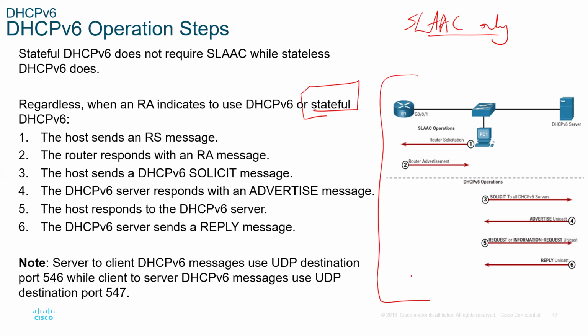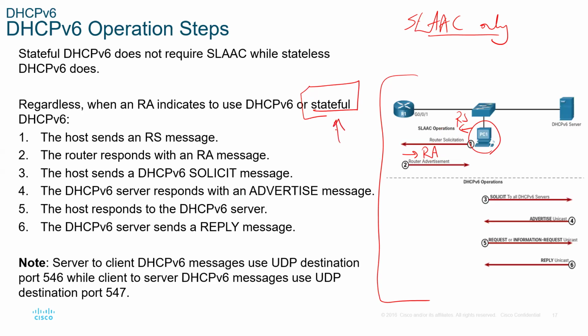So if we are using DHCP version 6 stateful, this is our client. It sends an RS message to the router. Our router responds with an RA. The RA contains information of how a device is going to configure its IPv6 address. Depending on the operating system, it will choose from the three methods.